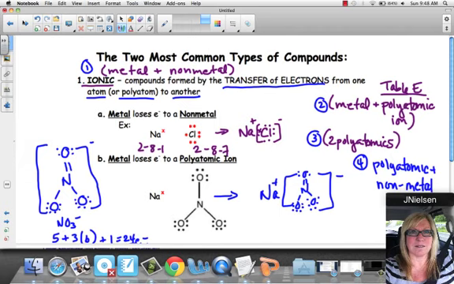Now, I don't want to confuse you, because I'm sure you're confused already. When you have a metal and a nonmetal, it's strictly an ionic compound. Anytime you have a polyatomic ion involved, you have 2 types of bonds going on. Remember I told you that the NO3 is all nonmetals? So you have covalent bonding with the nonmetals, but then you have a transfer of electrons to the polyatomic ion, which is ionic.